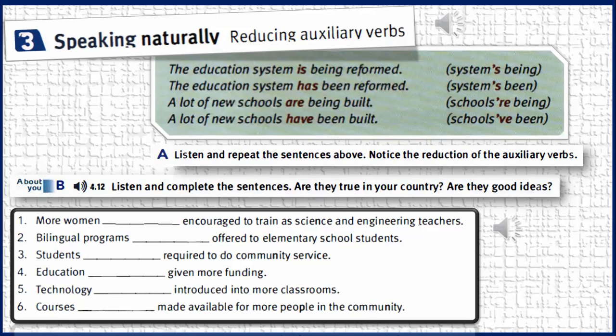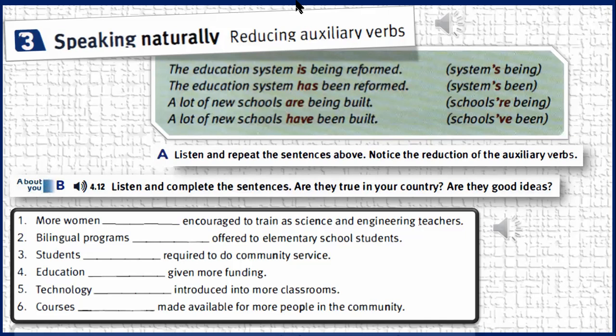Students are being required to do community service. 4. Education has been given more funding. 5. Technology's been introduced into more classrooms. 6. Courses are being made available for more people in the community.